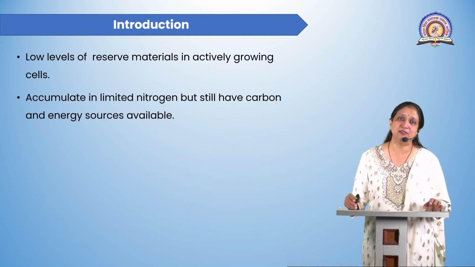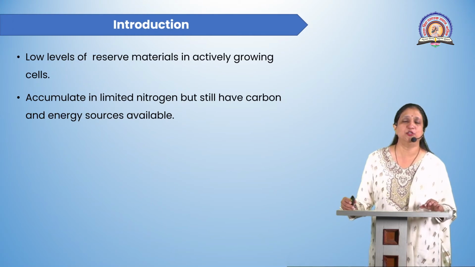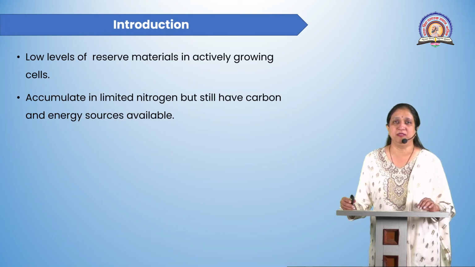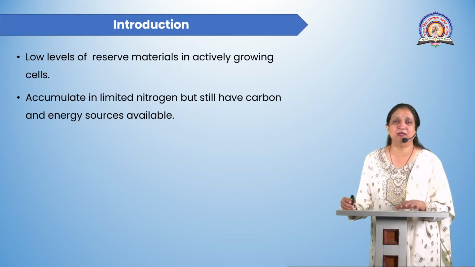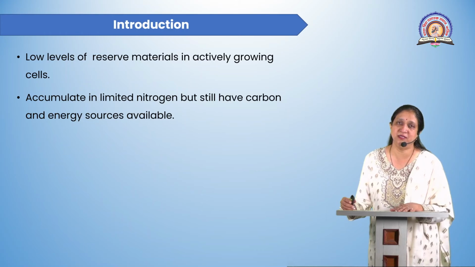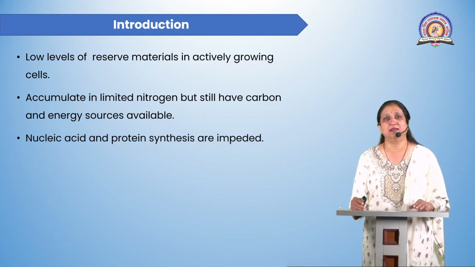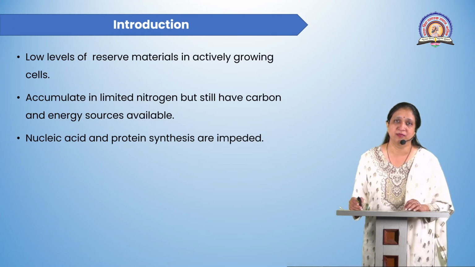For the synthesis of the PHB granules, it is necessary that there should be a limited supply of nitrogen in the surrounding medium. When there is limited nitrogen but carbon and energy sources are available in abundance in the medium, at that time the bacterial cell starts synthesizing the PHB granules. Right?